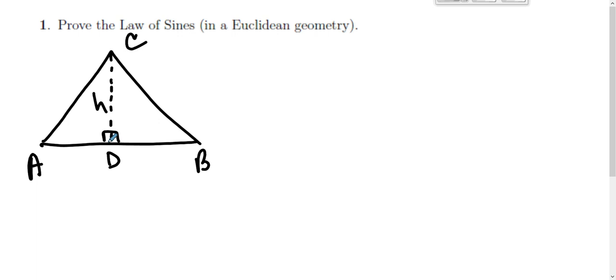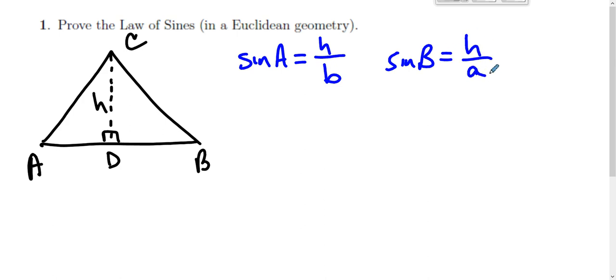Now we notice that the sine of angle A is this h over that side. That's the side opposite angle B in triangle ABC, so we call it little b. And similarly, the sine of angle B is h over the length of the side opposite A.